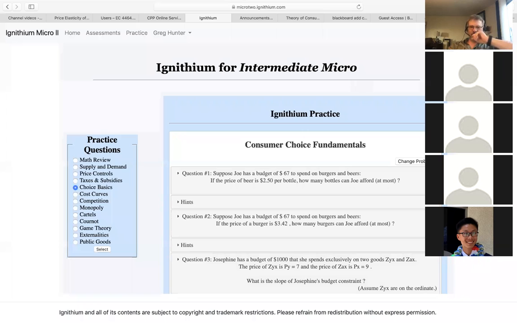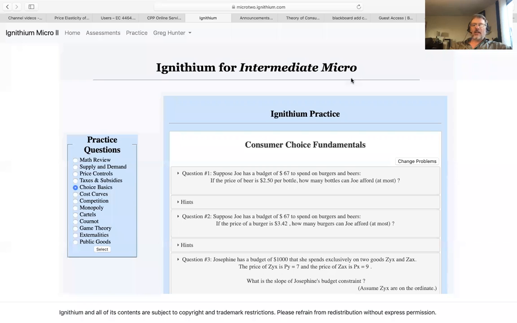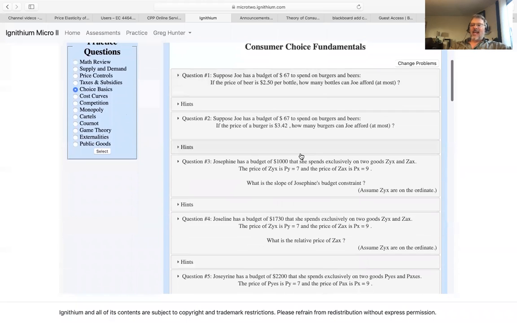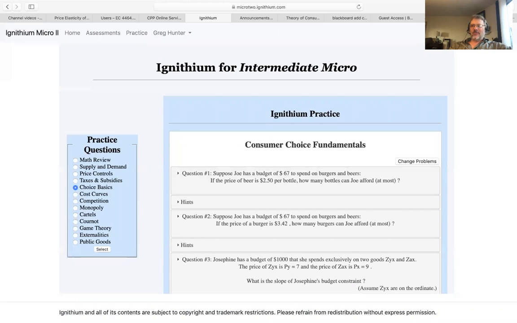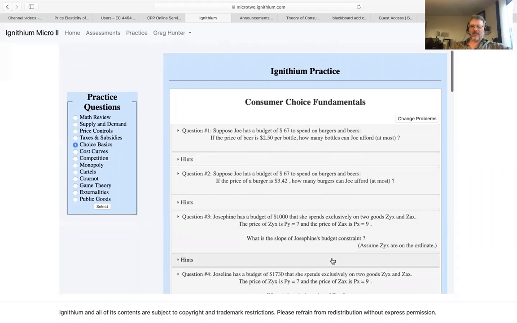So now we've moved on, and we have this choice basics homework. And I want to warn you, this is the one where I've seen the most bugs on Ignatium in terms of rendering.